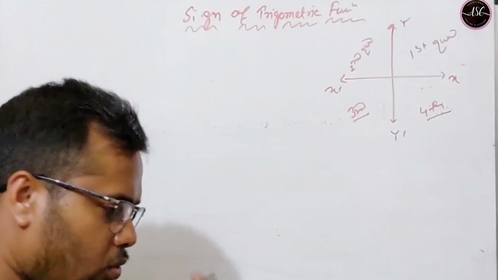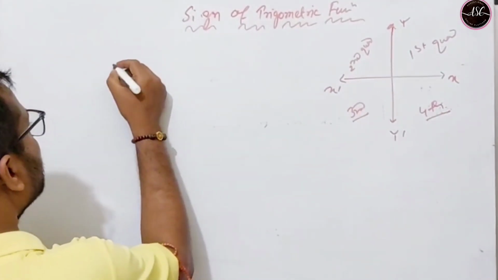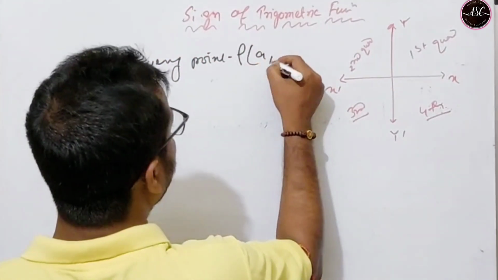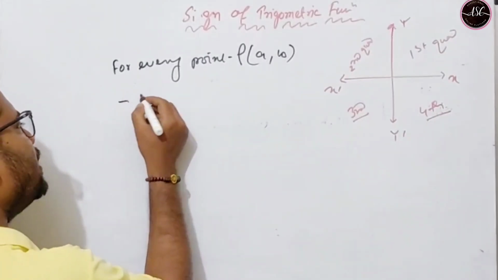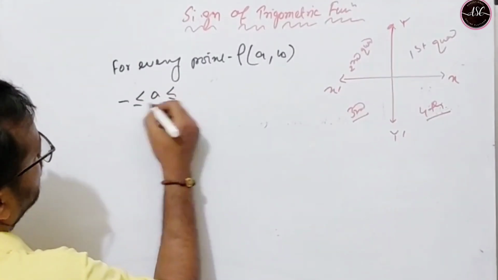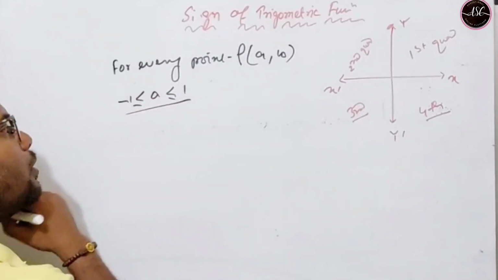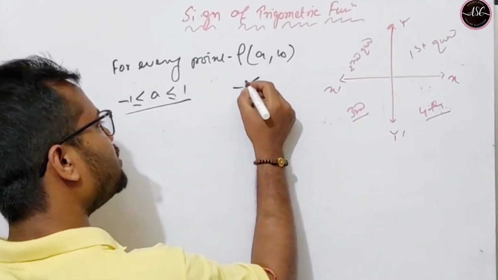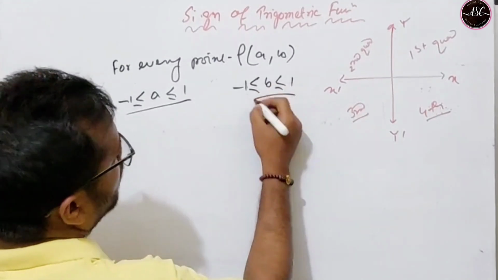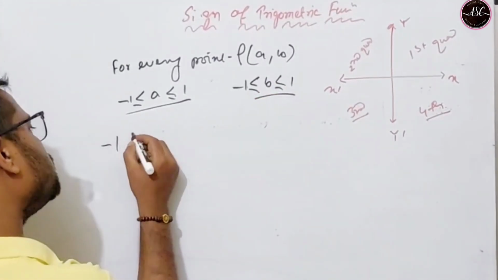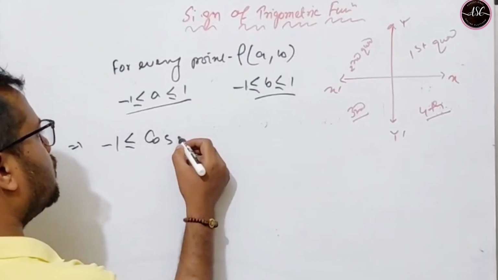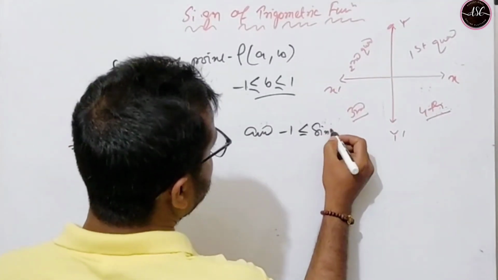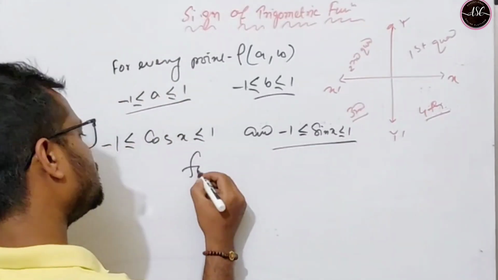On the previous circle we have seen that for every point P(a, b), the value of a lies between -1 and 1 and the value of b also lies between -1 and 1. That means -1 ≤ cos x ≤ 1 and -1 ≤ sin x ≤ 1 for all x.